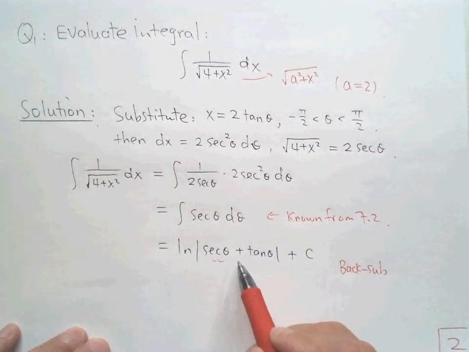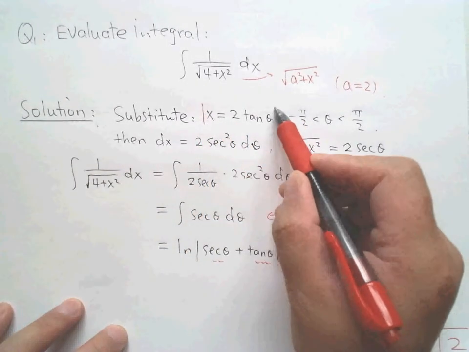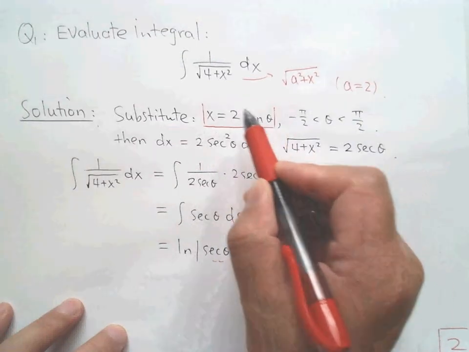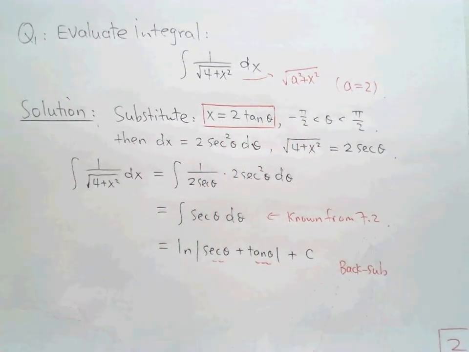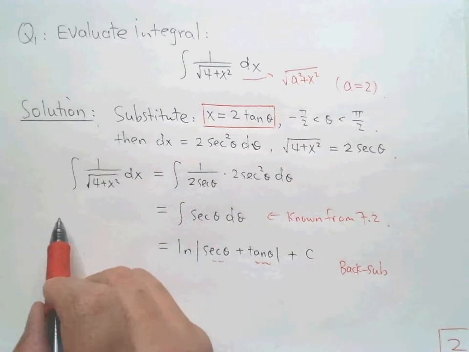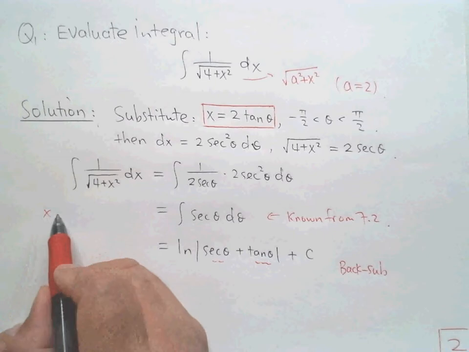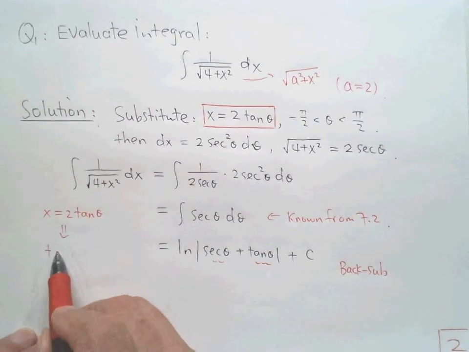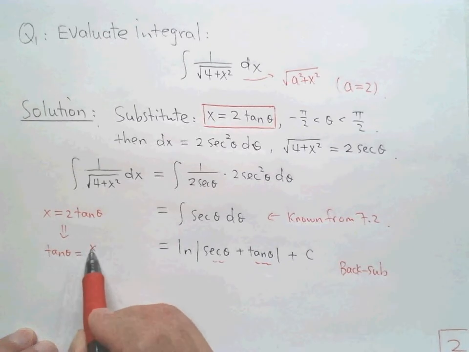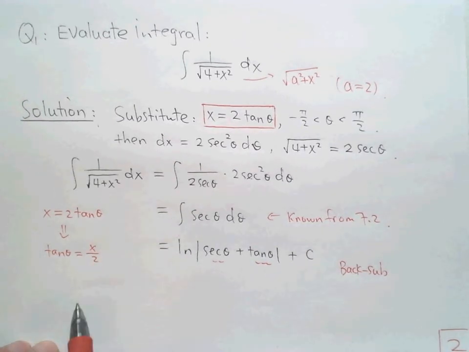How do we get this? You remember the common method. From the original tangent theta, we build a right triangle and use the right triangle definition to find this. The original x equals 2 tangent theta. We solve for tangent theta first, and then we see x is the opposite and 2 is the adjacent to build the right triangle.